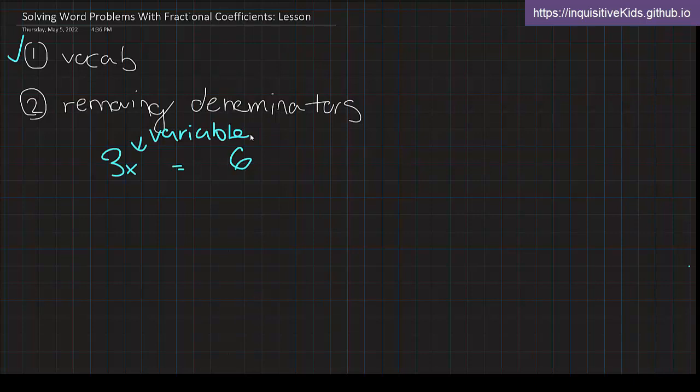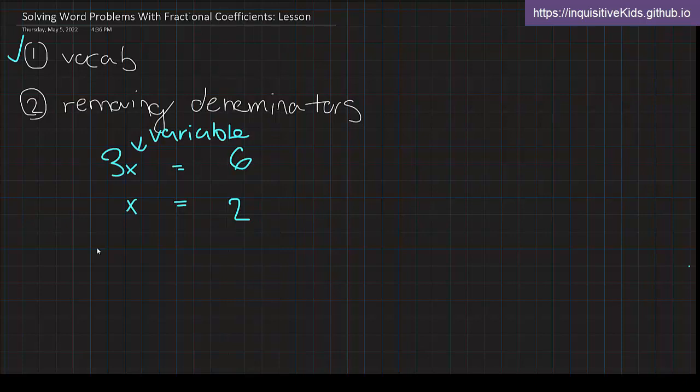But anyway, these are all symbols and they are variables. Right here, you can easily find 3 times what equals 6? 3 times 2 equals 6, which means the number x is representing is 2. But it doesn't have to be x. It could be x, y, z, O, P, N, K, any letter.